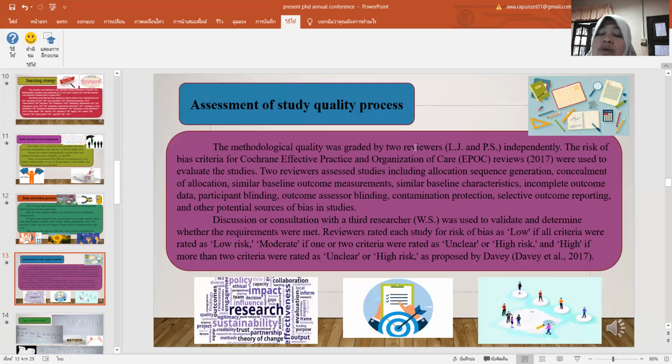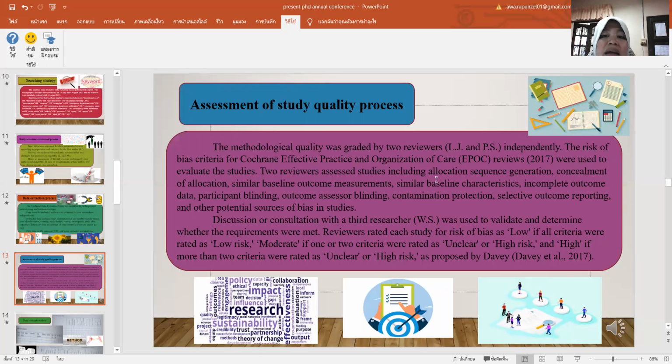Assessment of study quality process. The methodological quality was graded by two reviewers independently. The risk of bias criteria for Cochrane Effective Practice and Organisation of Care, EPOC review 2017, were used to evaluate the studies.